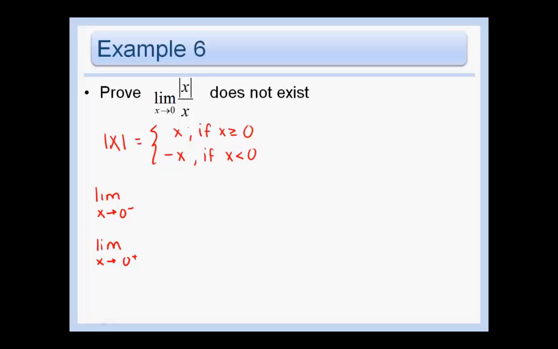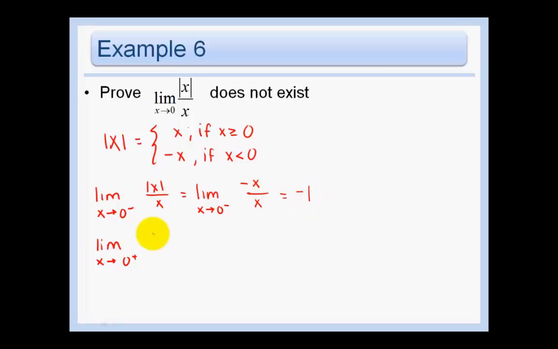The limit as x approaches 0 from the left of the absolute value of x over x, from the left we use the smaller values, is going to be the limit of the same thing as negative x over x, which is -1, right?